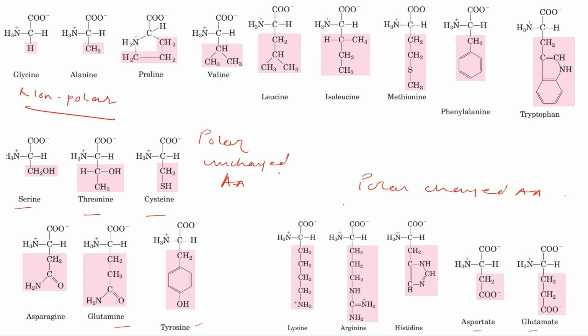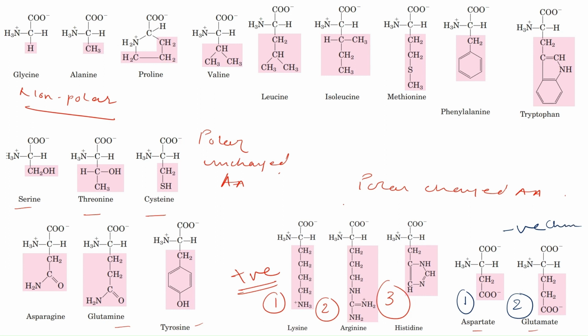Among these polar charged amino acids, lysine, arginine, and histidine are positively charged amino acids, whereas aspartate and glutamate are negatively charged amino acids.